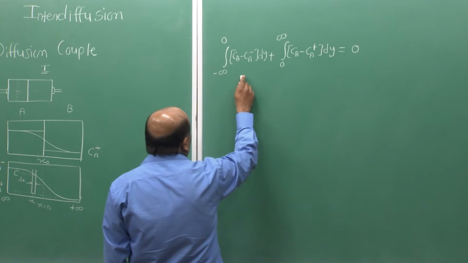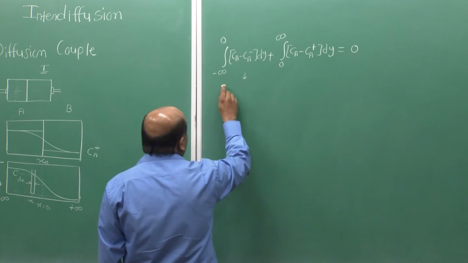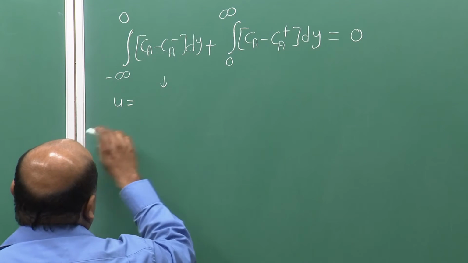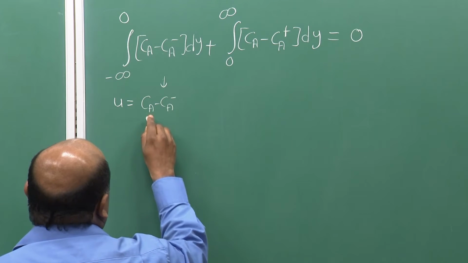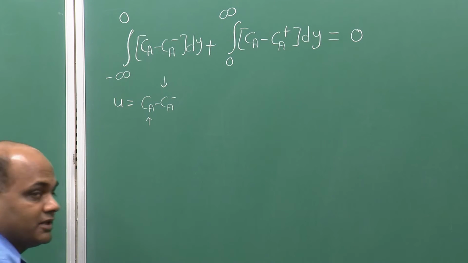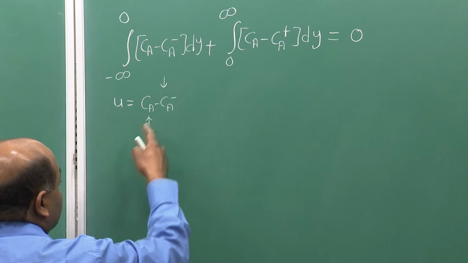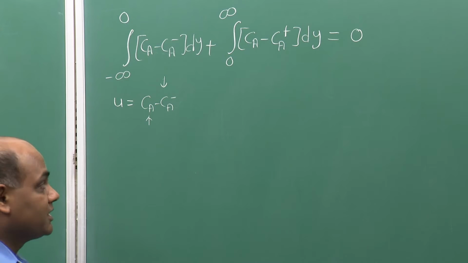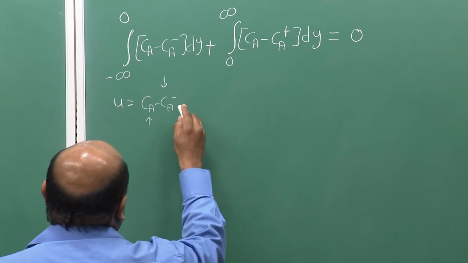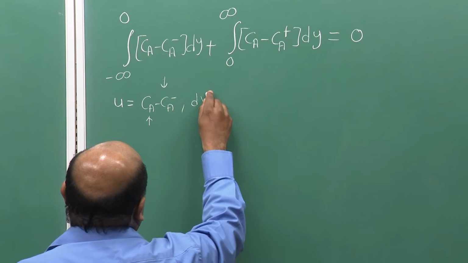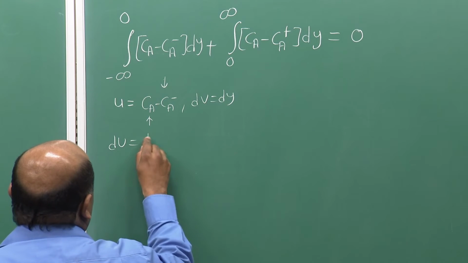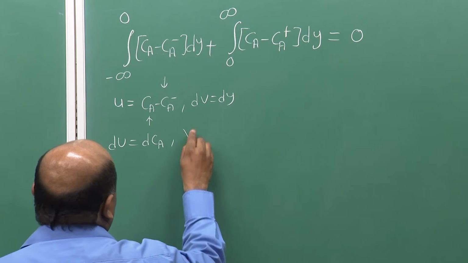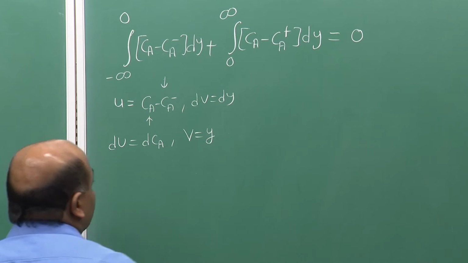For integration by parts, for the first integral, let us assume u is equal to C a minus C a minus. So, remember C a here indicates C a at the position x that is being considered, and dv is dy. So, we have du is equal to dCA and v is equal to y.